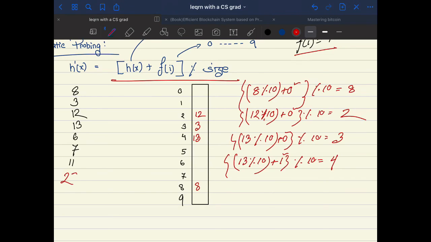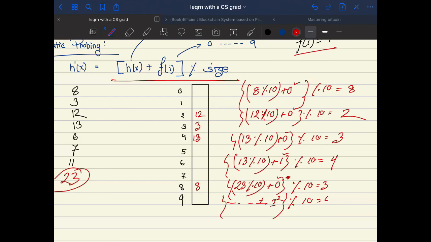Now let's look at 23, because 23 is a bit different. For 23 mod 10 plus 0, we get 3. Nothing we can do because it's already occupied, so we increase it by 1 square, which would give us 4.